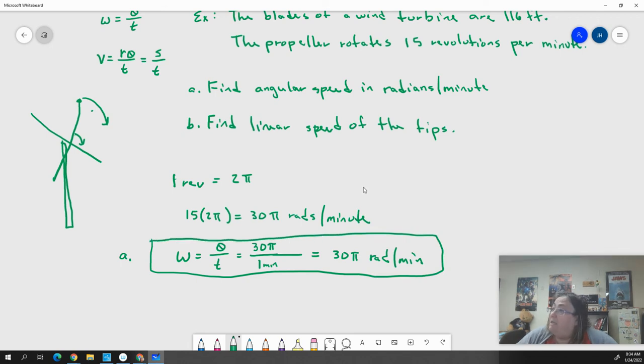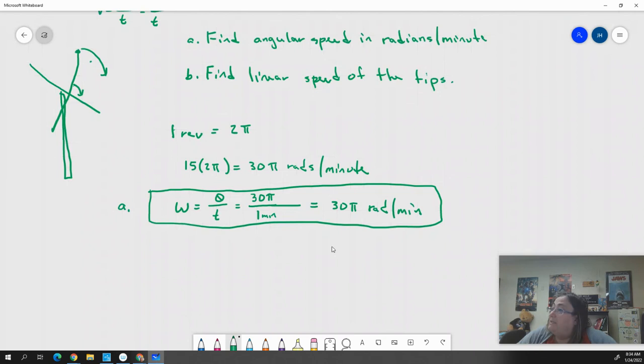But what about part B, where we have to find the linear speed of the tip? For B, we need to find V equals S over T, our arc length over T, or rate times radius times theta over time. Well, we know certain things. We know our theta is 30 pi.